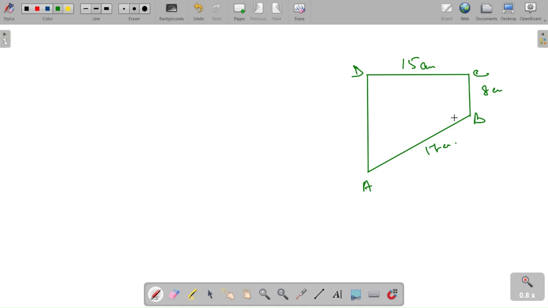Saptak, how will we do it? Half into sum of parallel sides into distance between them.